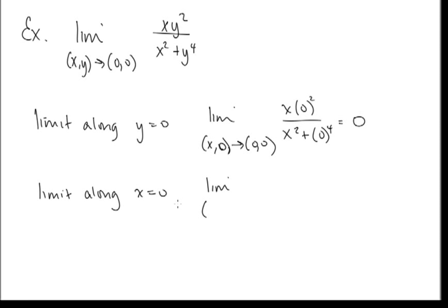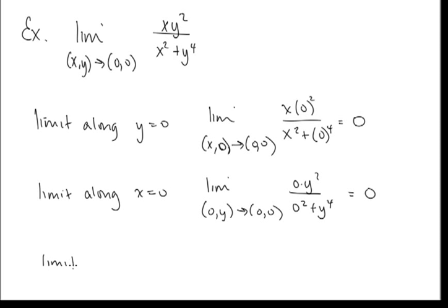Let's take a look at the limit along x equals 0. We have the limit as (0, y) goes to (0, 0) of 0 times y squared over 0 squared plus y to the 4th. Again, as y approaches 0, y is not equal to 0, so we have 0 over non-zero, and this limit is equal to 0.